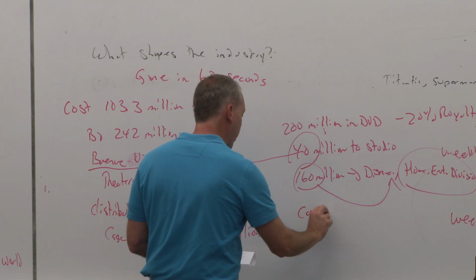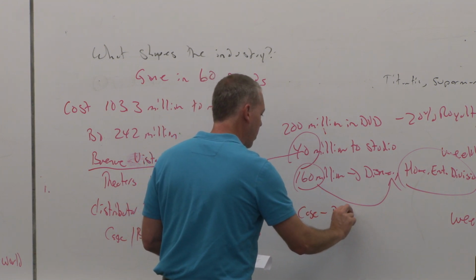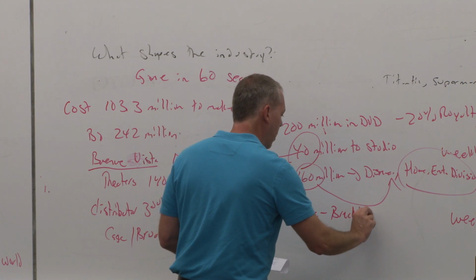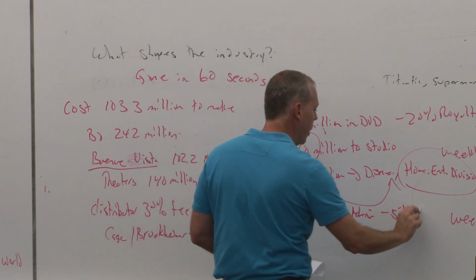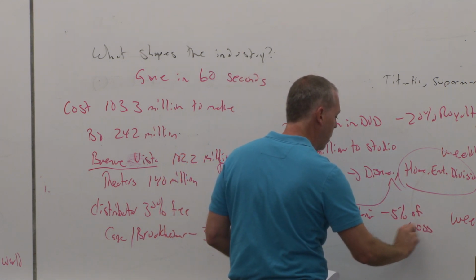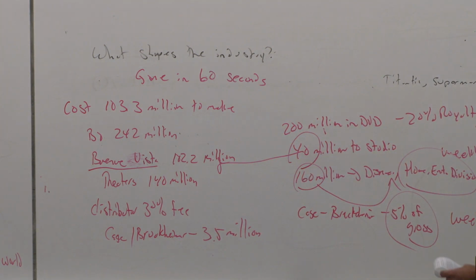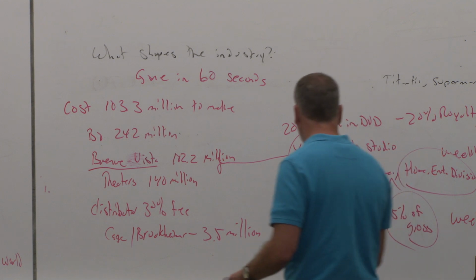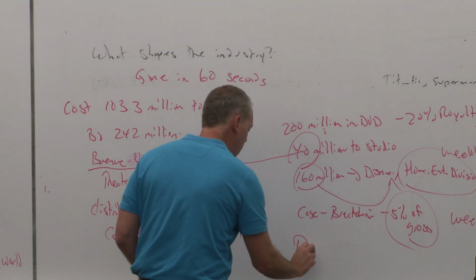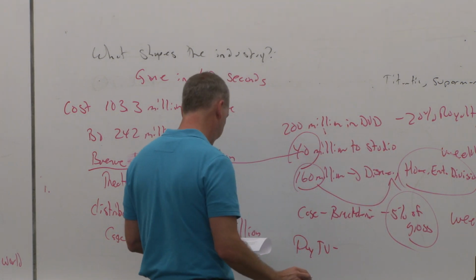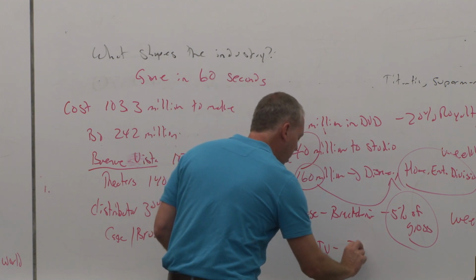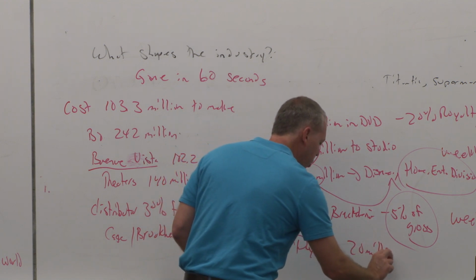Cage and Bruckheimer here got 5% of gross. You've got the pay TV channels. They pay $20 million for the channel to show the movie.